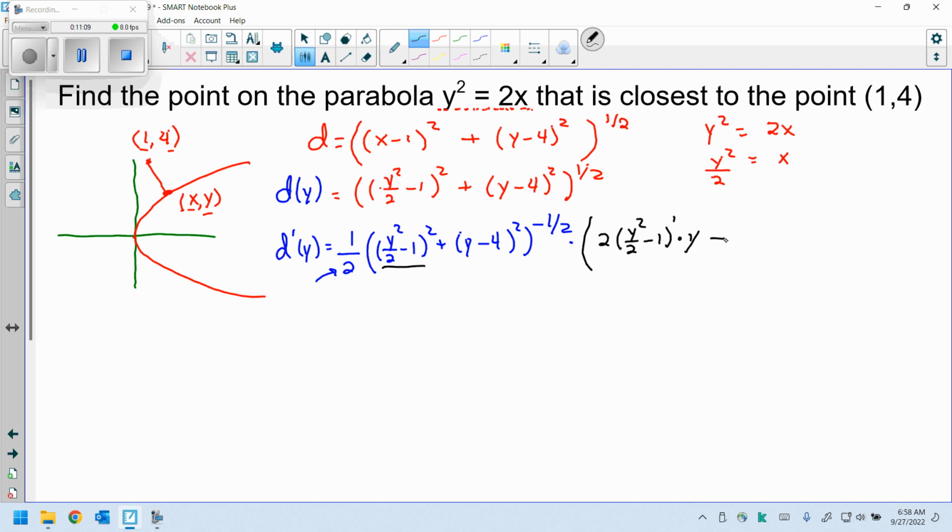Plus, I've got to take the derivative of this, so I've got 2, chain rule. I bring my 2 around front, don't mess with what's inside, to the first power, times the derivative of what's inside, which is 1.